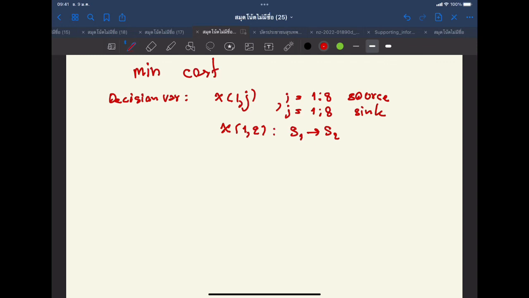So we use 1 to represent S1, 2 to S2, 3 to S3, but 4 represents customer 1, T1, 5 is T2, 6 is T3, 7 is T4, and 8 represents T5.